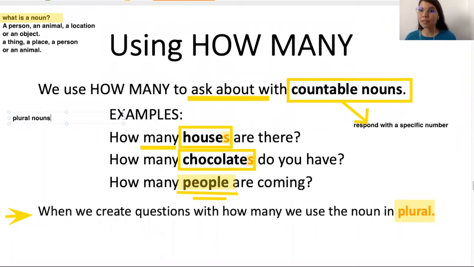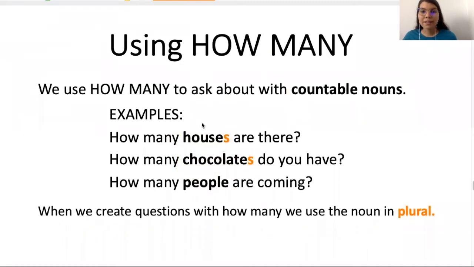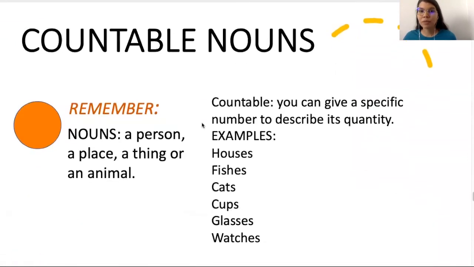So I recommend watching our previous lesson on plural nouns so that you're familiar with irregular plural nouns like people. In singular is person, in plural is people. And we have other regular plural nouns. Let's continue and let's look at countable nouns.